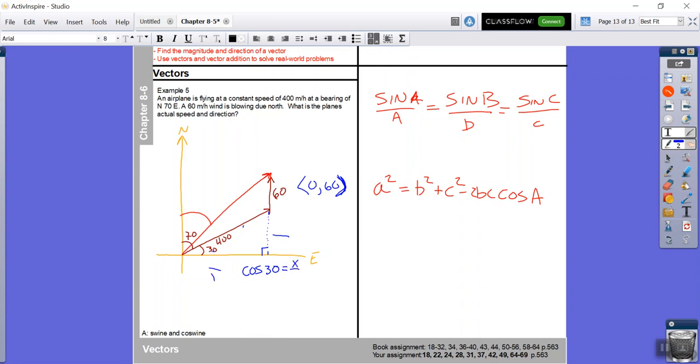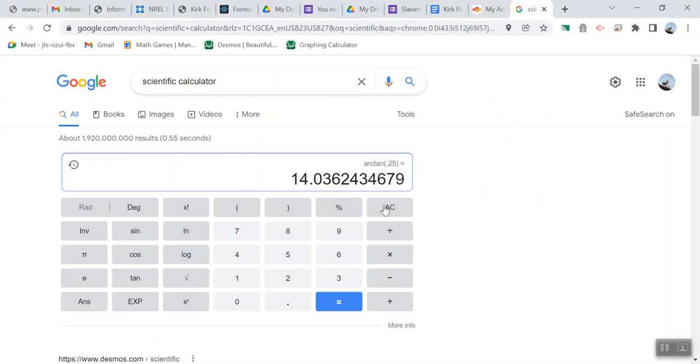I'm going to call this x, by the way, over 400. So I'm going to go back to my calculator and do the cosine of 30 times 400. Now I'll get my x component.